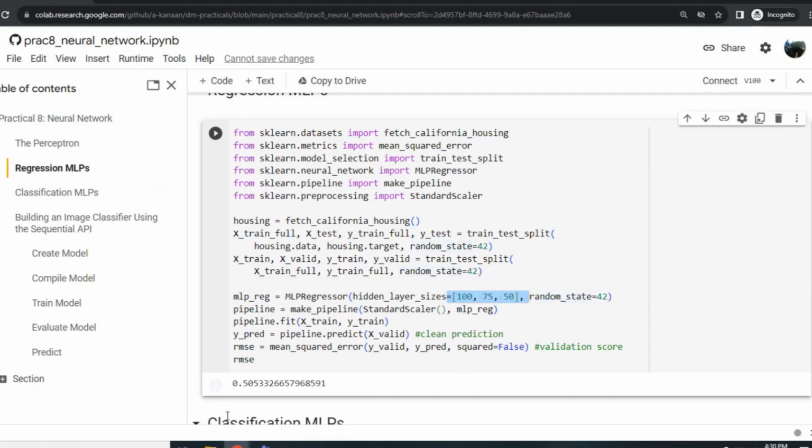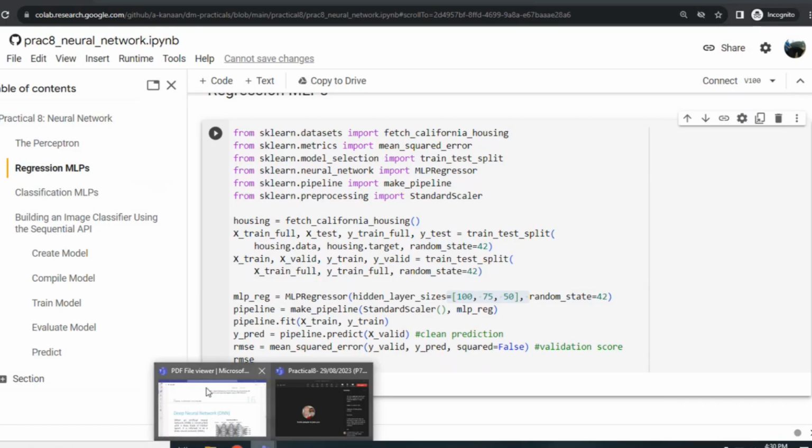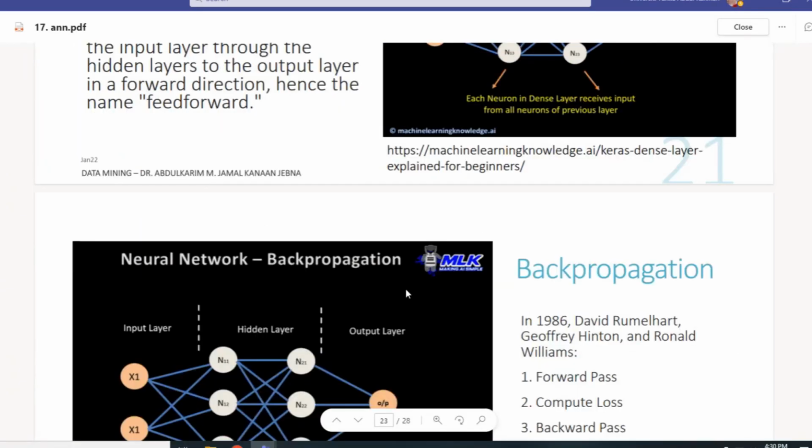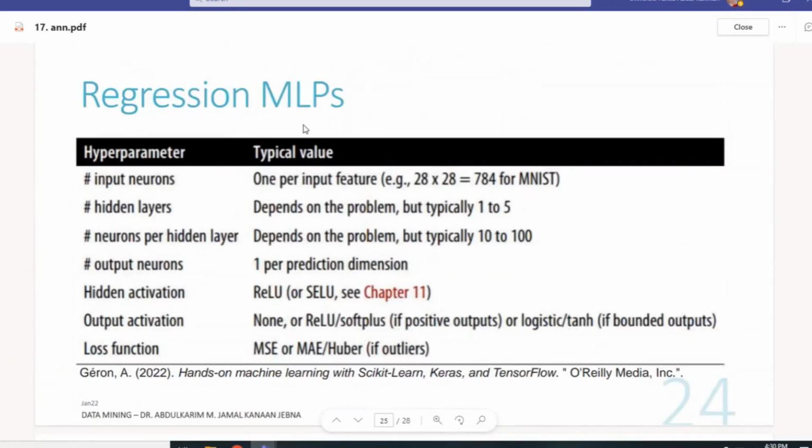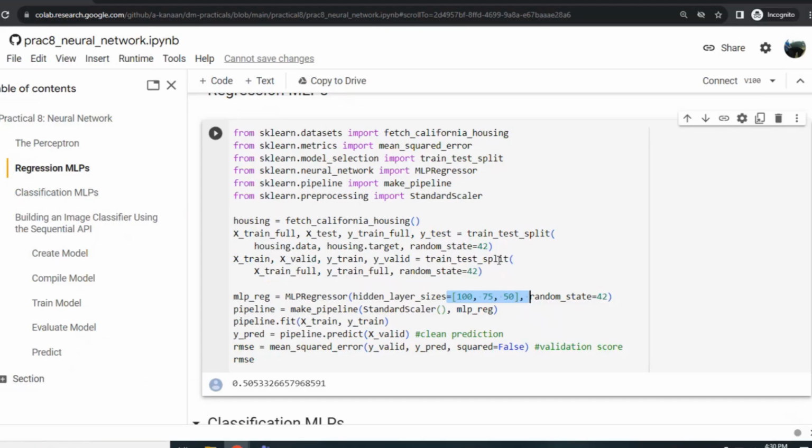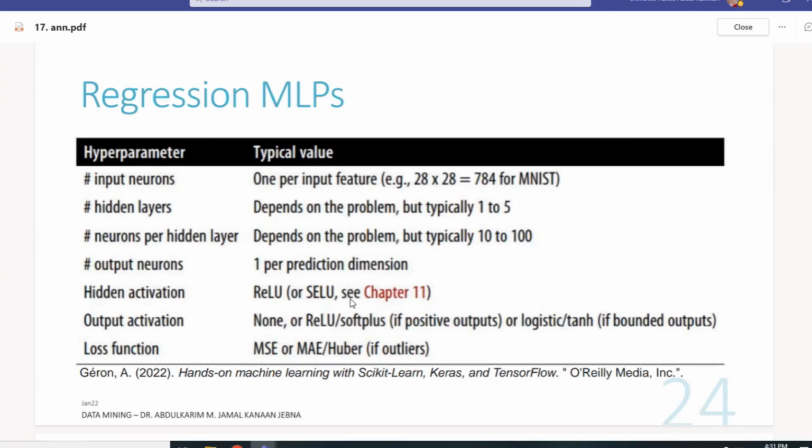And remember, it's also already provided to you inside the slides, if you're not sure what value to decide, the typical value for regression for hidden layers is from 10 to 100. So here we already provided 100, 75, 50, but that doesn't mean only these values. Can you go to 1,000? Yes, you can. It depends on the complexity of the problem.